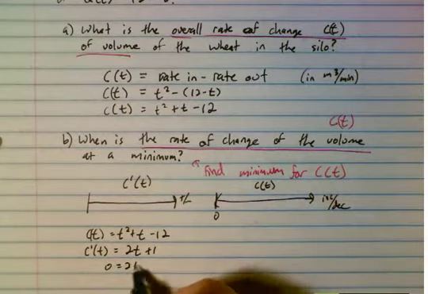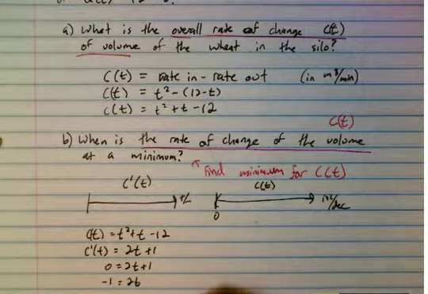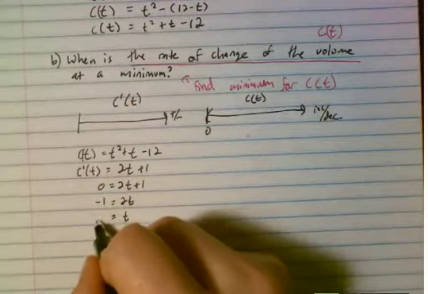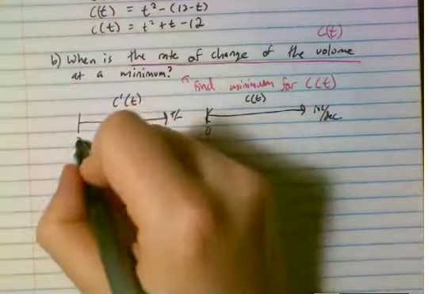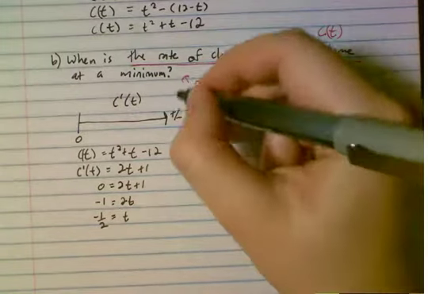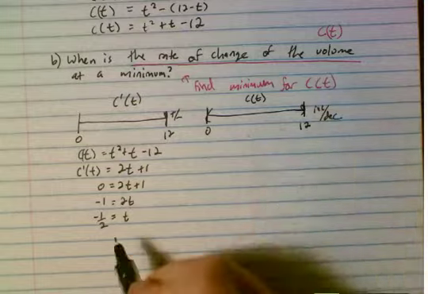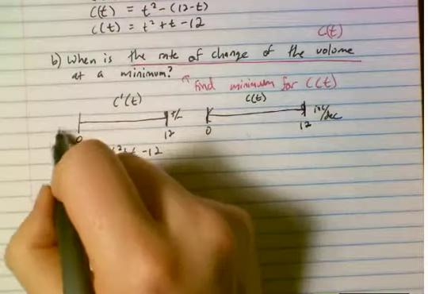So 0 equals 2T plus 1. Negative 1 equals 2T, T equals negative 1/2. And let's see, this was on the interval 0 to 12, right? So negative 1/2 would be over here.